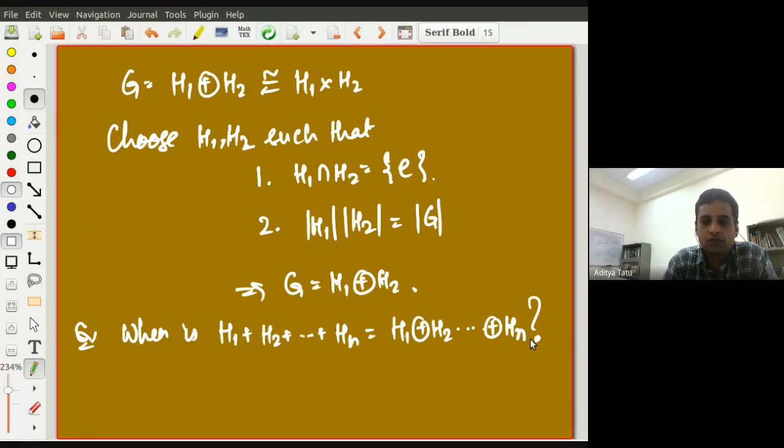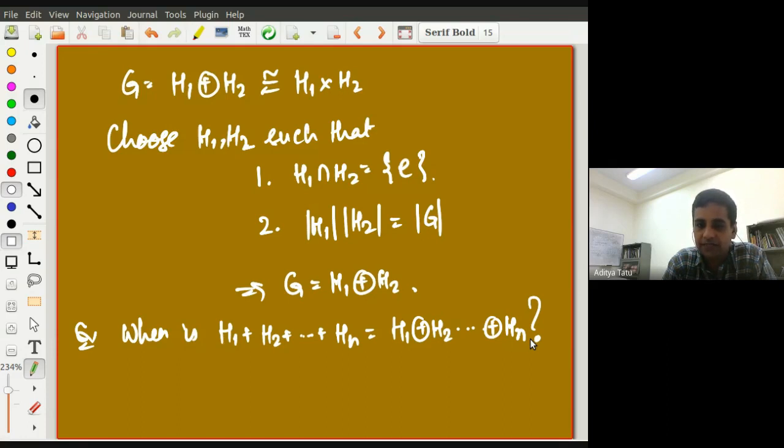Some of you may think that for any two subgroups among these n subgroups, the intersection should be just the identity, and then the sum is also a direct sum. But that is not the case actually.